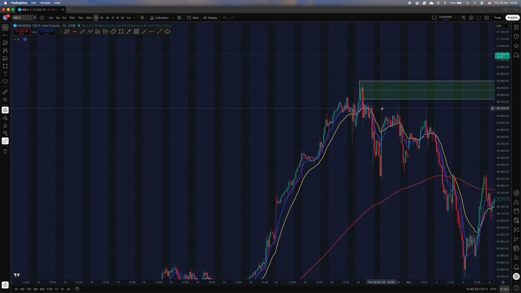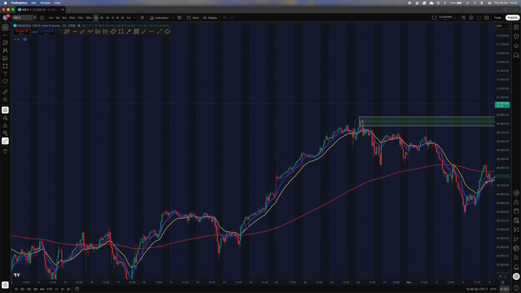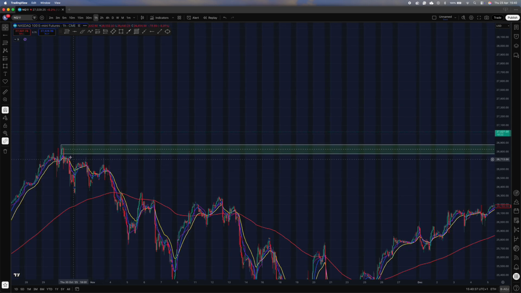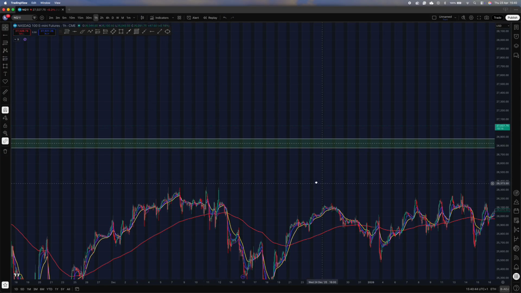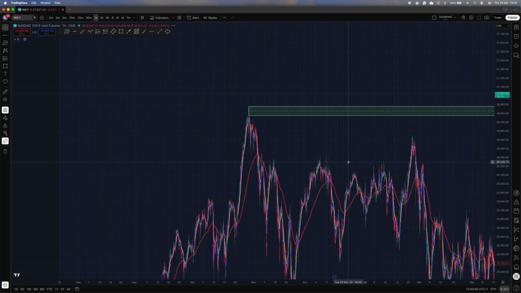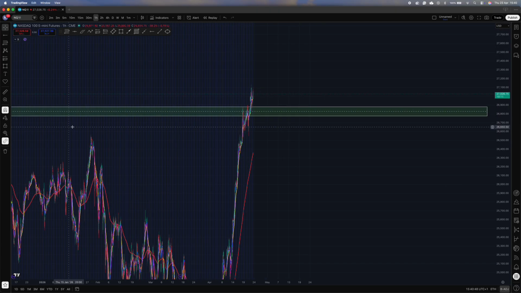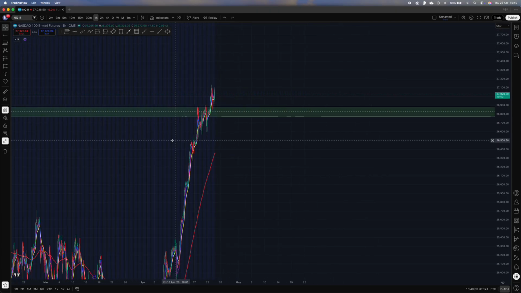This is the 1 hour time frame, and I'm looking to refine this level, meaning that if we come back to this area, I'm going to take a trade 9 times out of 10 if I'm on the charts and I see it, because if we come up here, we're likely going to reject it.